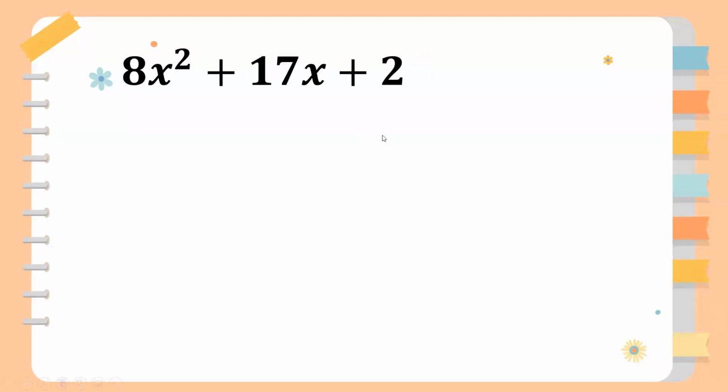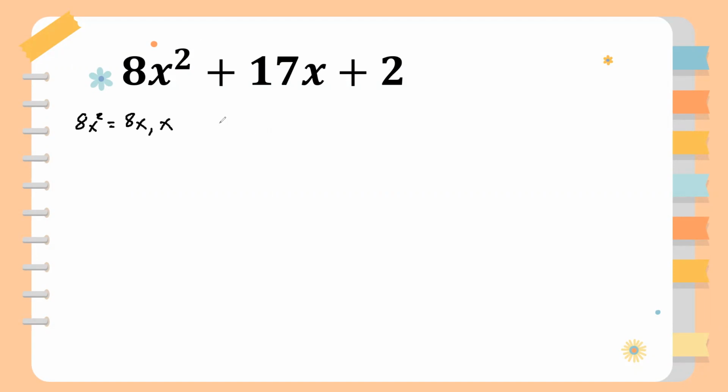Okay. So we have 8x squared plus 17x plus 2. So ang gagawin natin, again, get the factors of first term. So we have 8x squared, we have 8x times x.